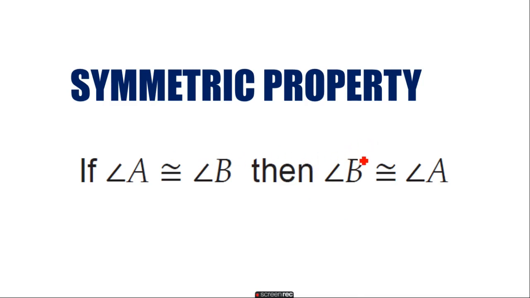The angles here are just being interchanged in their position. Here we have the first angle A and then the second is angle B, but here we have angle B and angle A. So, interchanging their positions does not affect their congruence. Angle B is still congruent to angle A.